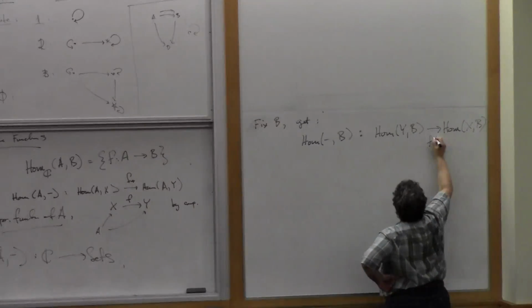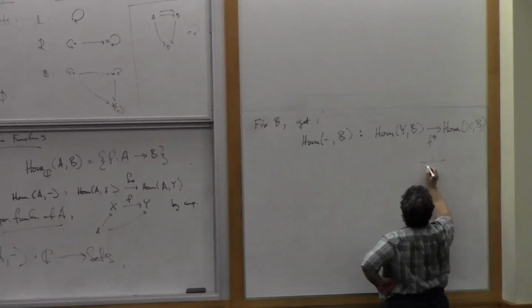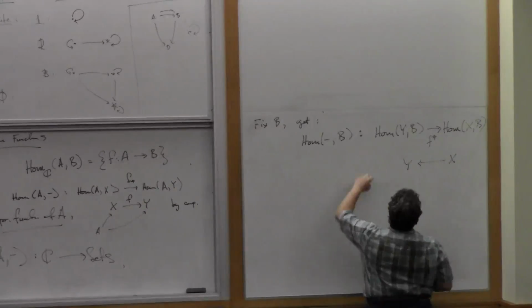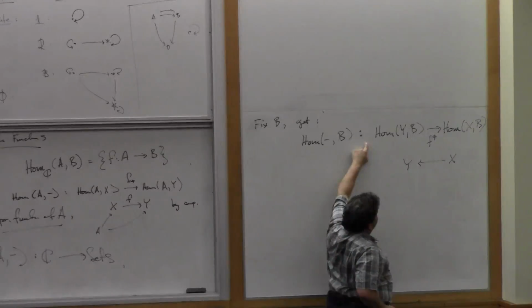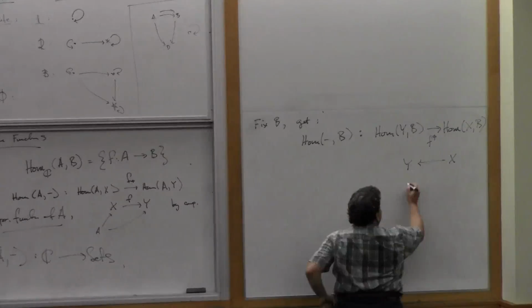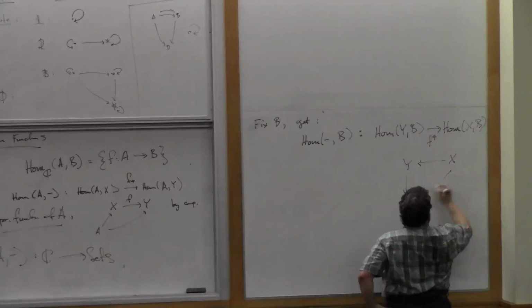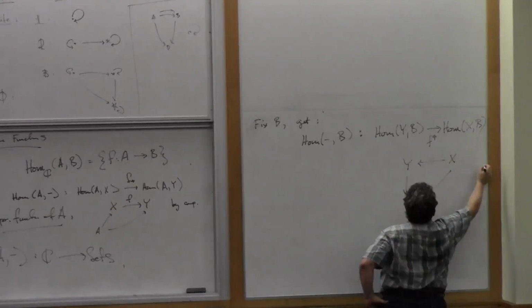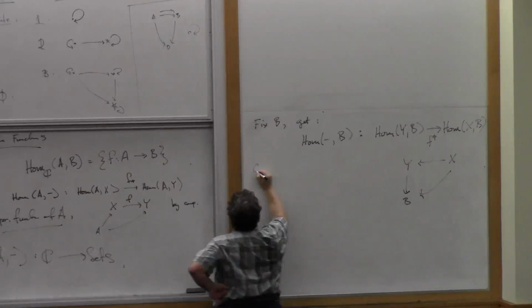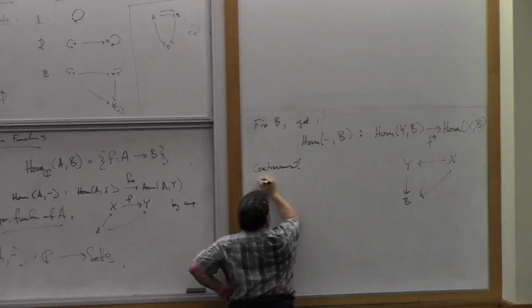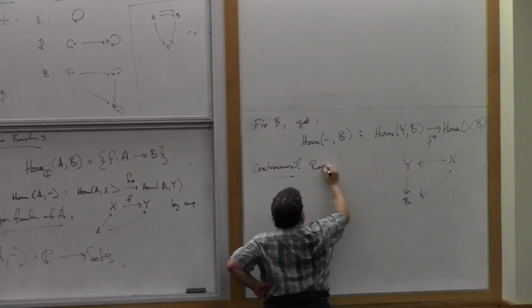That's a map, F upper star. It comes from a map going this way from X to Y, because this was maps from Y into B. So I take something here, and I precompose, and that gives me something over here. So this is the contravariant representable.